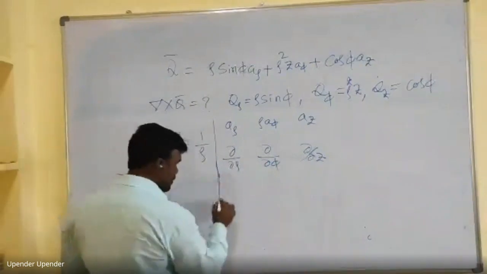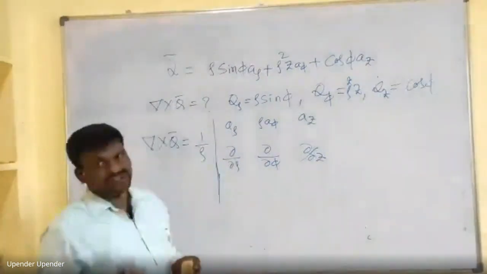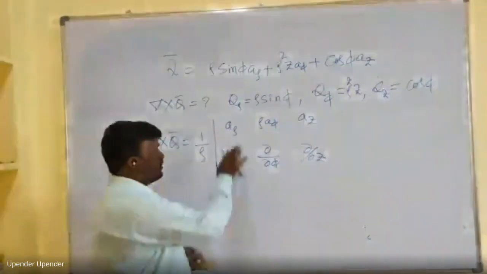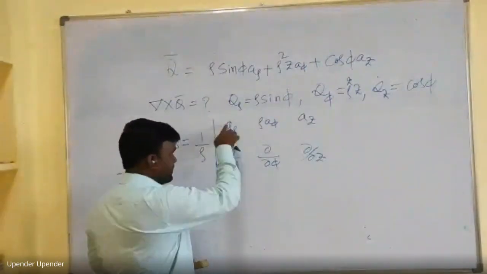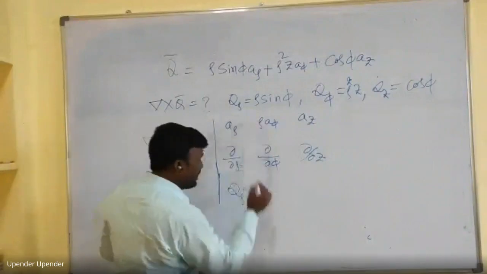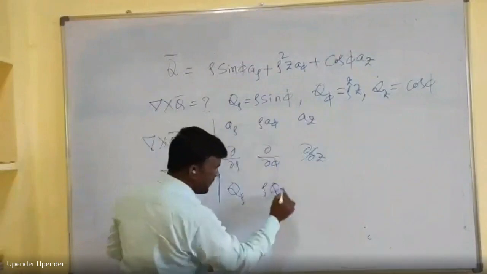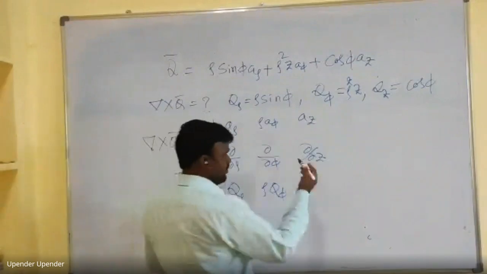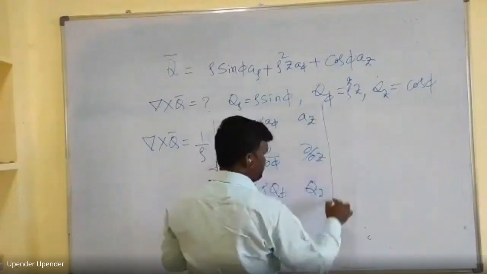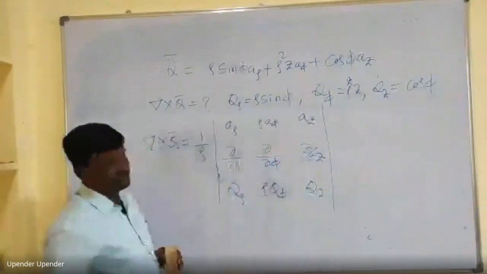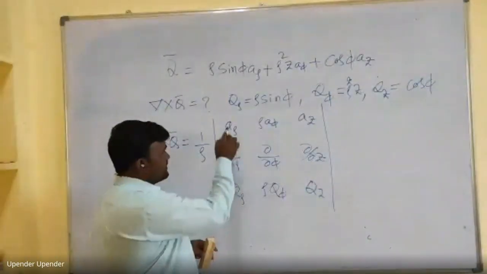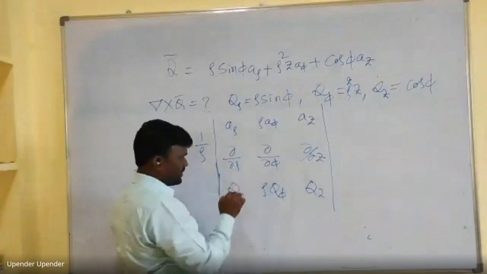Coming to the q components, remember one thing. If you want to write the q component, you have to consider like this. Here, a rho, copy this one. Instead of a rho, q rho. Here you have rho a phi, meaning rho q phi, and az means qz. Instead of a rho, a phi, az, replace them with q rho, q phi, qz.